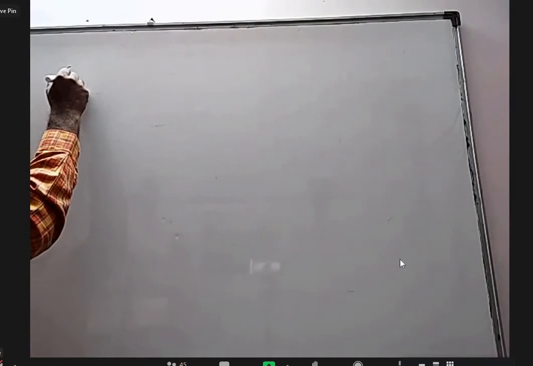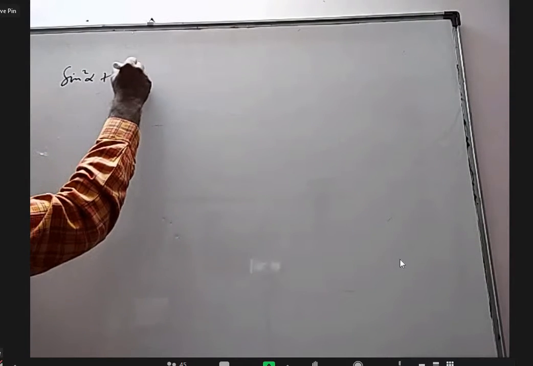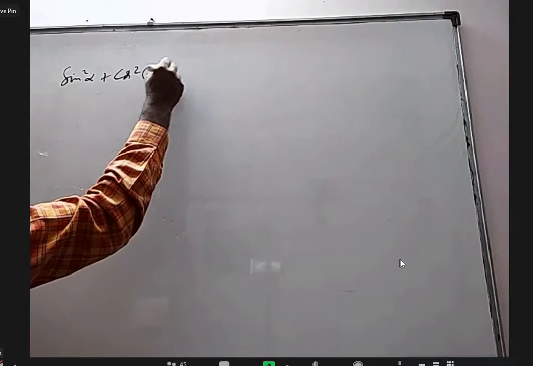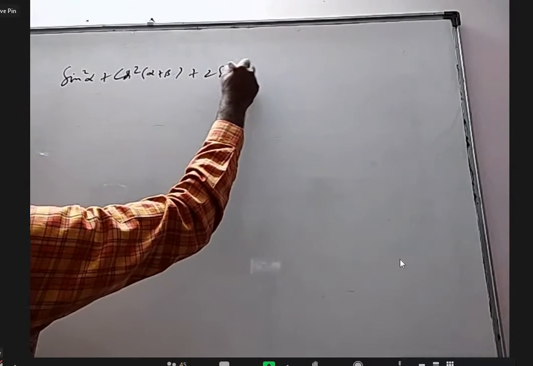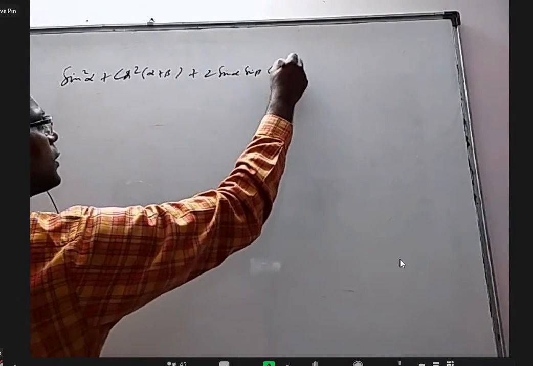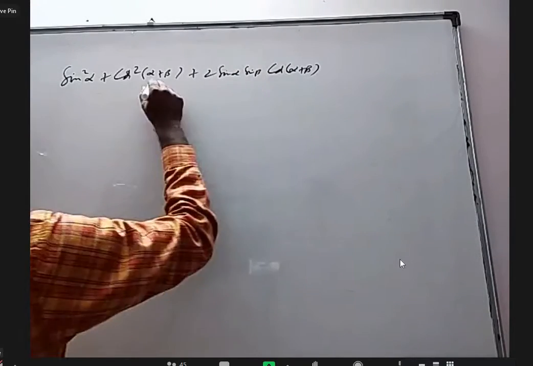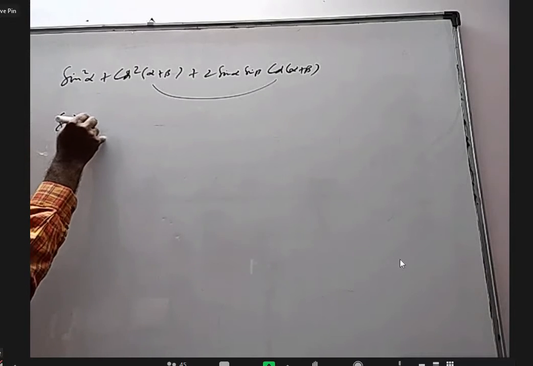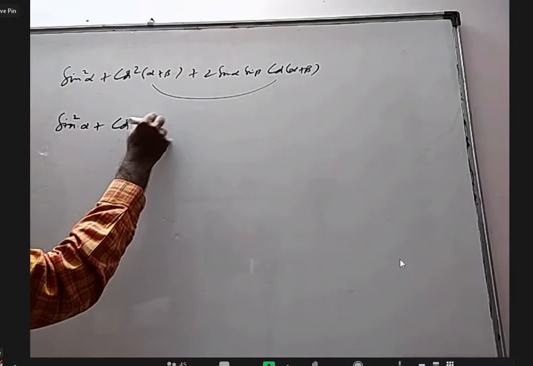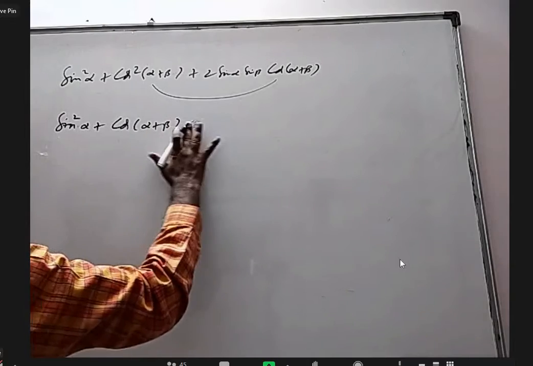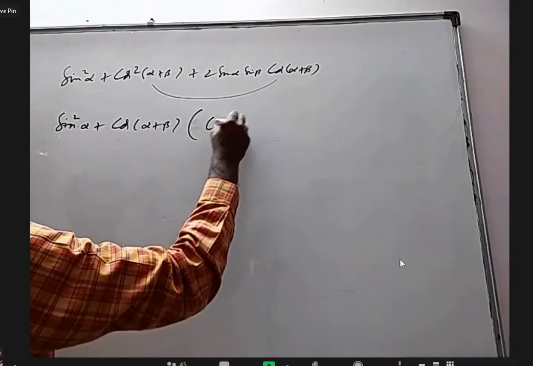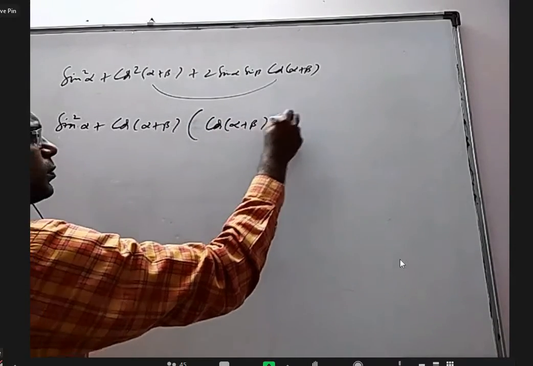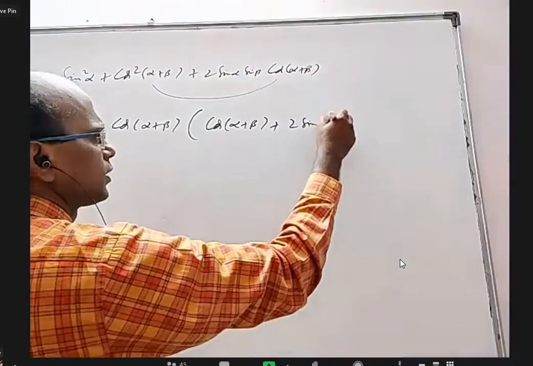Okay, here we have sin square alpha plus cos square(alpha plus beta) plus 2 sin alpha sin beta into cos(alpha plus beta). From these two, I can take cos(alpha plus beta) common. So that is sin square alpha plus, if I take cos(alpha plus beta) common, I'll be left with another cos(alpha plus beta) plus 2 sin alpha sin beta.